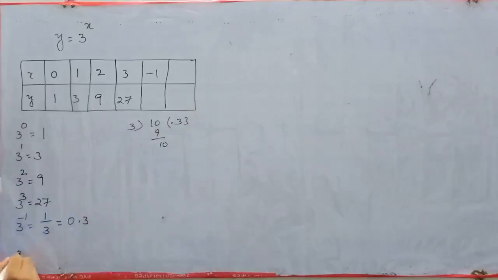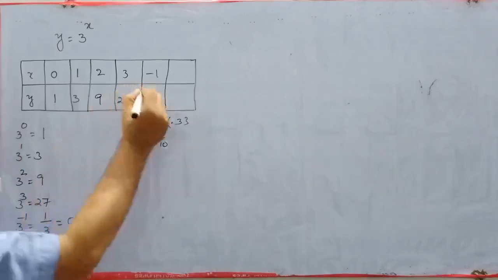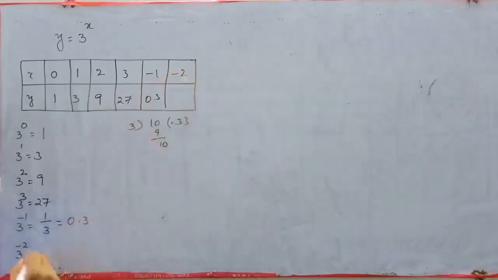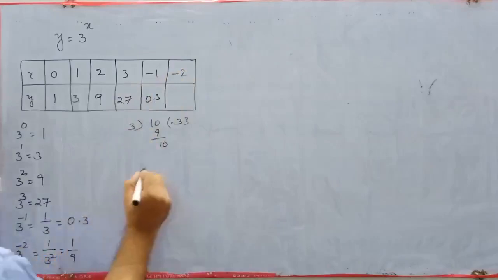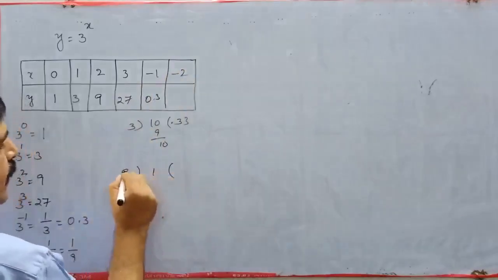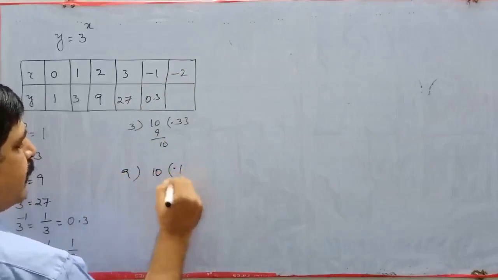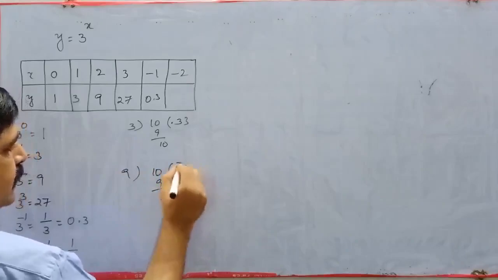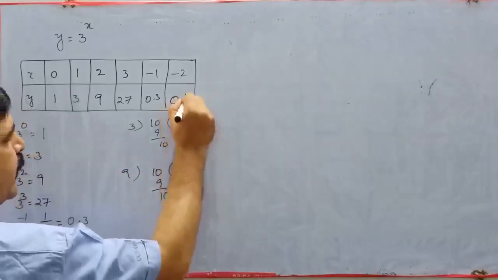Next one, x is equal to minus 2, 3 power minus 2 is 1 by 3 square, 1 by 9. So 1 by 9 is 0.1 again.